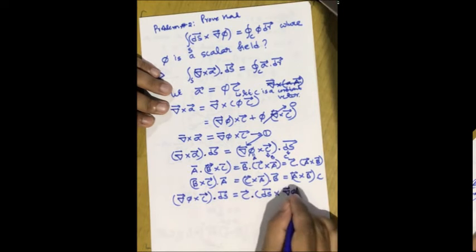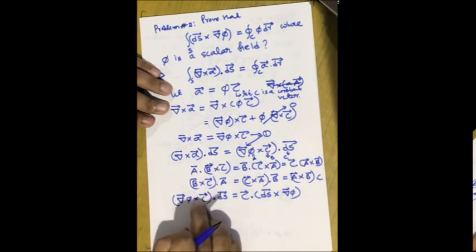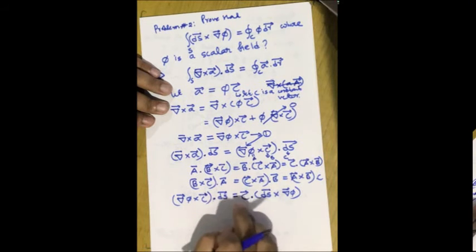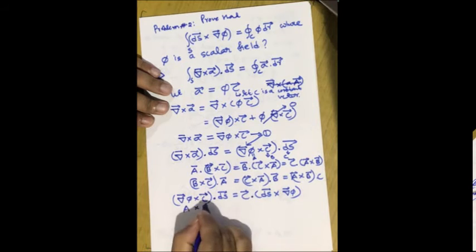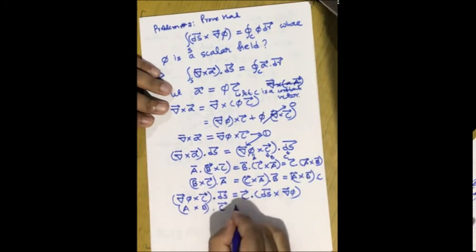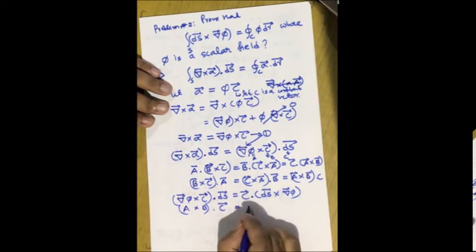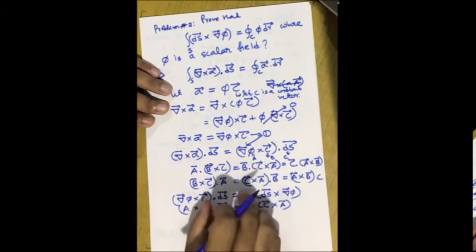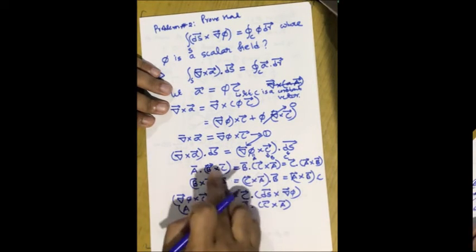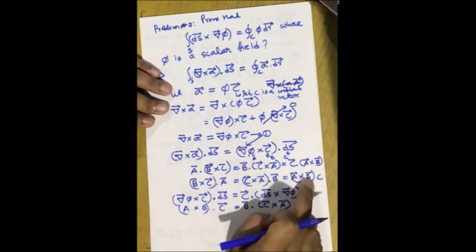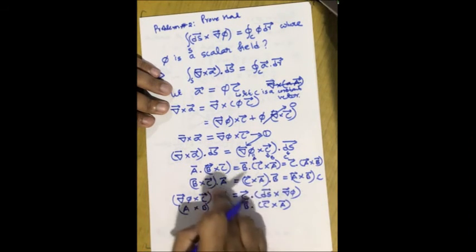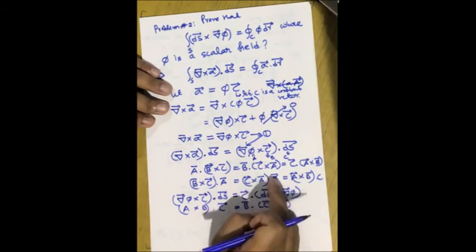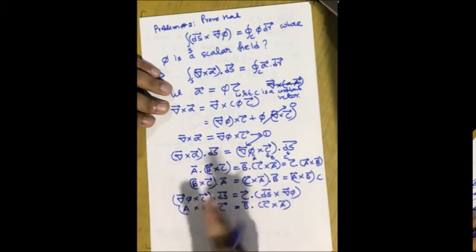A cross B dot C is equal to B dot C cross A; you just have to rearrange it.